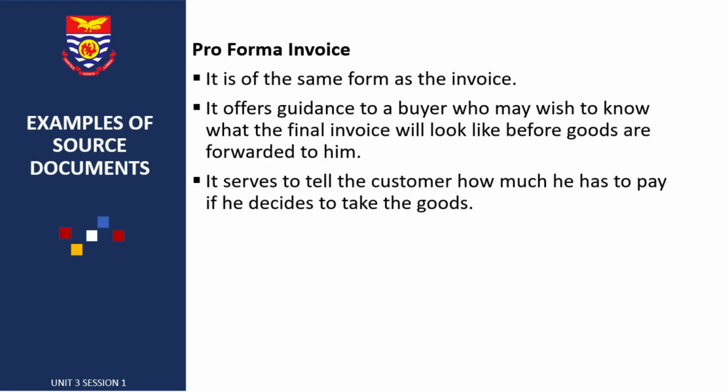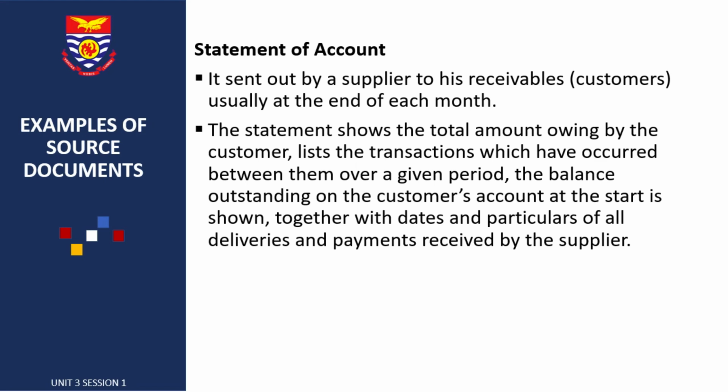Pro forma invoice. It is of the same form as the invoice. It offers guidance to a buyer who may wish to know what the final invoice will look like before goods are forwarded to him. It serves to tell the customer how much he has to pay if he decides to take the goods. Statement of account.